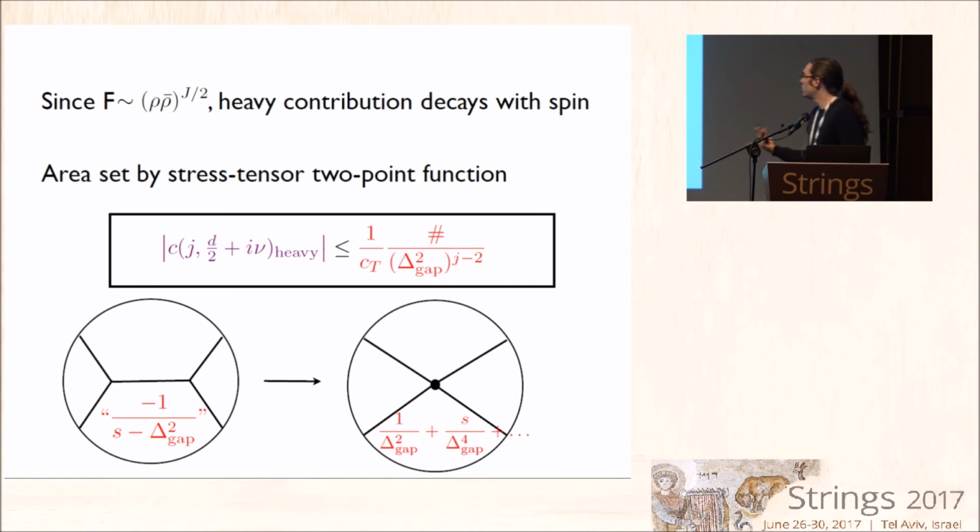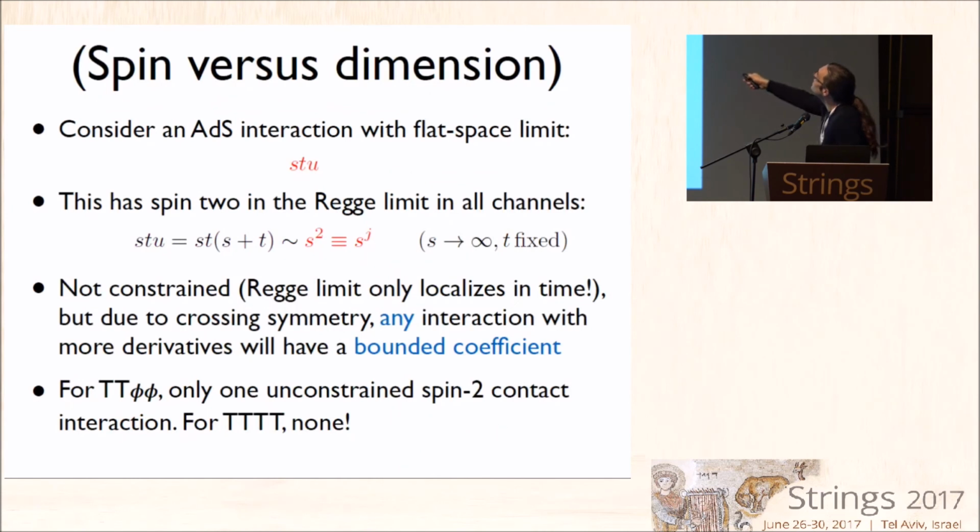So in some sense, from a CFT perspective, this formula allows you to justify using bulk effective field theory. It does not completely justify it because, as I mentioned, we're controlling the spin of an interaction in AdS, not its scaling dimension. That's because we're not localizing the transverse directions.